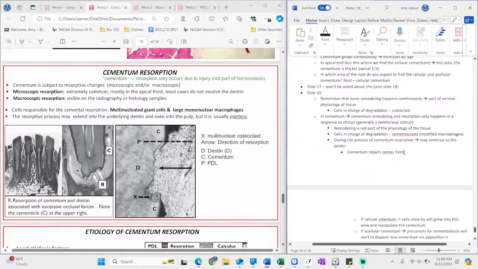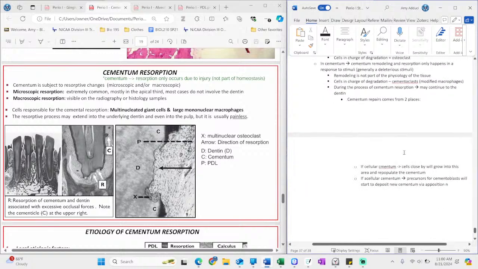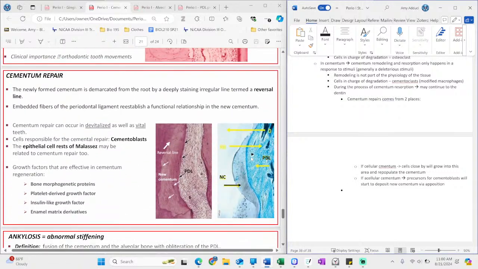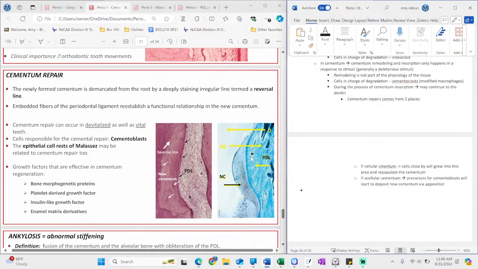As I said before, the cementoblasts are the ones that are going to repair cementum. And apparently, the epithelial cell rests of Malassez may be involved also. If you remember from last semester, the spring semester, it is believed that some stem cells reside in those epithelial rests of Malassez.